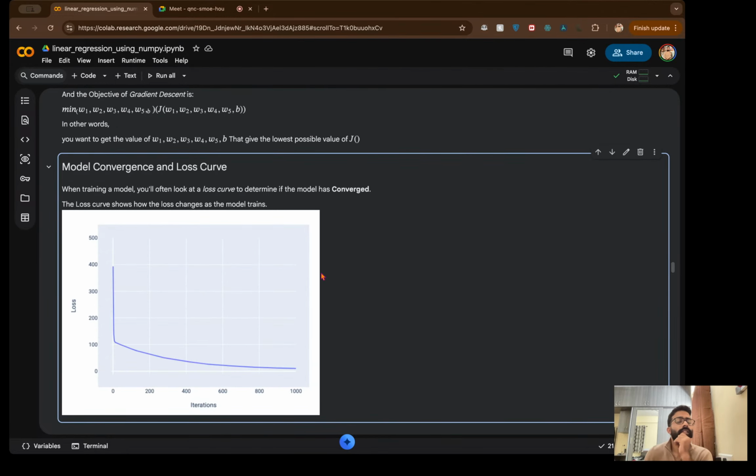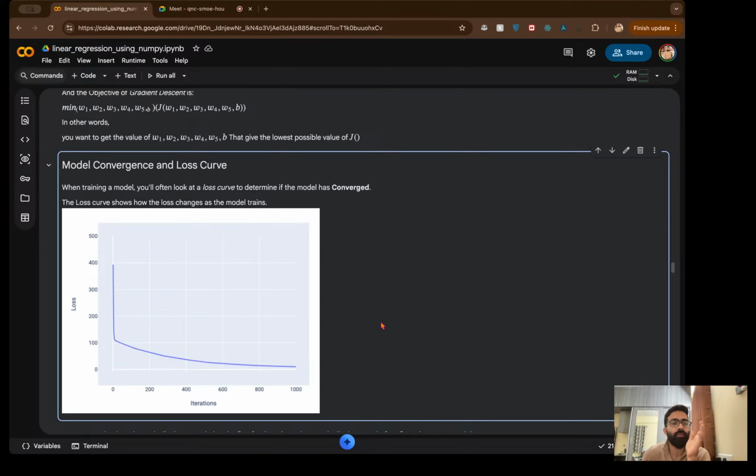Okay, fine. Then here is model convergence and the loss curve. Gradient descent iteratively gives the values of w and b, right? Here is an example of how gradient descent works.